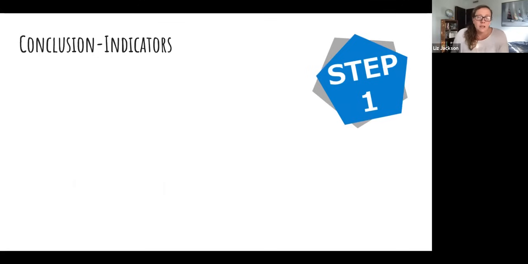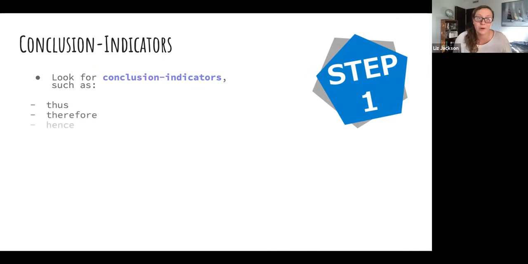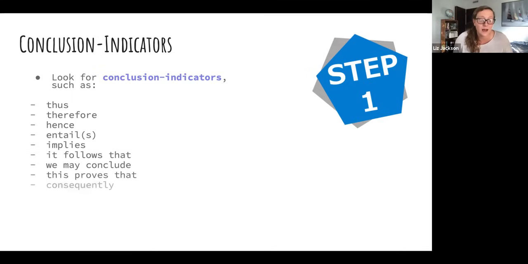Okay. We're going to talk a little bit about conclusion indicators. Conclusion indicators are phrases or words that indicate this is what the conclusion is. They point us, they're an indicator that this might be what the conclusion is. So words like thus, therefore, hence, entails, implies, it follows that, we may conclude, that's a nice one, it has conclude in it, this proves that, consequently, so, establishes, shows, and then obvious ones too, like in conclusion, stuff like that.